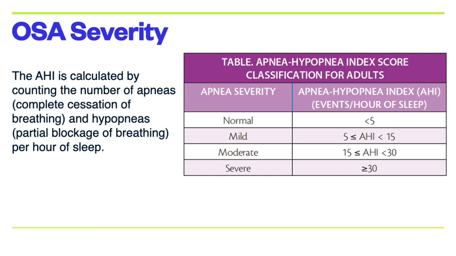Your normal score is less than five episodes of cessation of breathing within an 8 hour period of sleep. If you have between 5 to 15, you have mild obstructive sleep apnea. If you have 15 to 30, it means you have moderate, and severe if you have greater than 30.